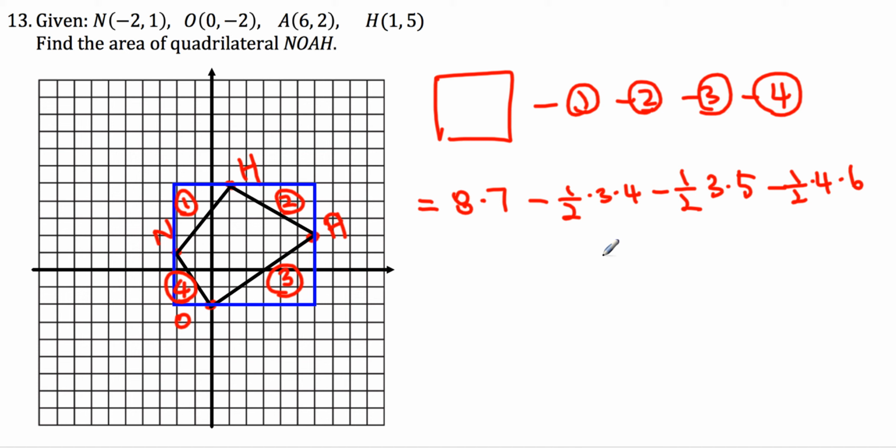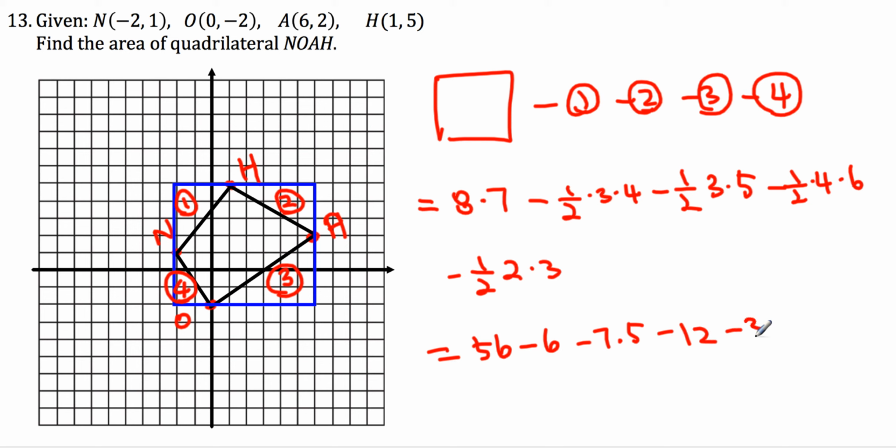And then lastly, so 1/2, 2 by 3. Then here we end up getting 56. And here minus 6. Here minus 7.5. Here we get minus 12 and minus 3. That's basically what we end up getting.